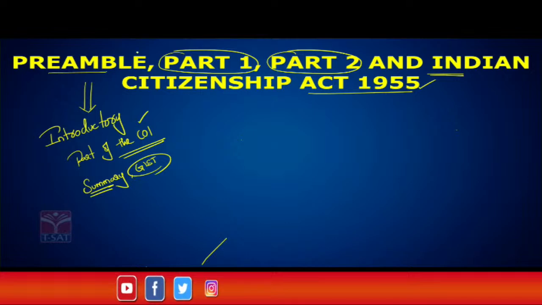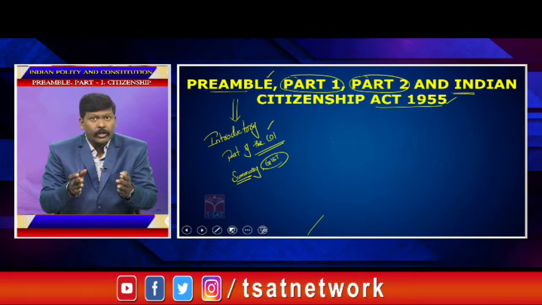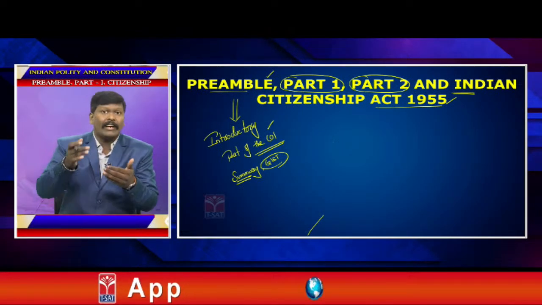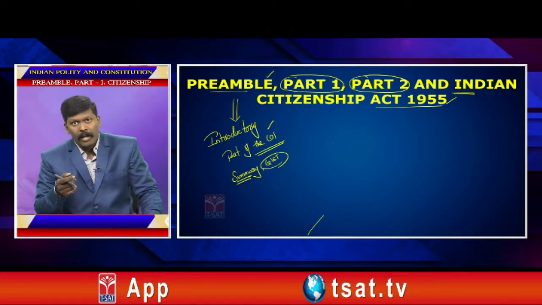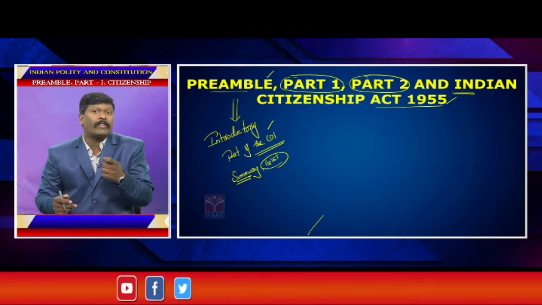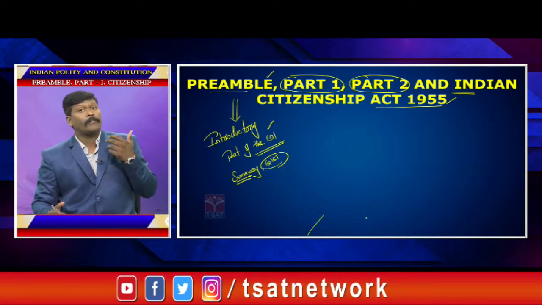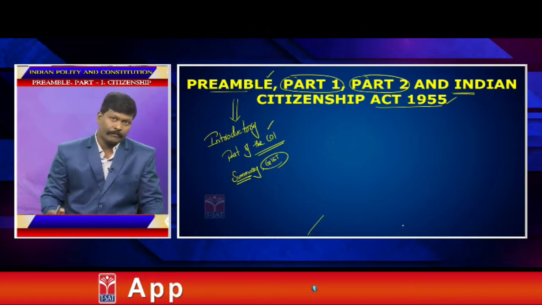Now, this is preamble. Preamble helps everyone understand the nature of the Indian Constitution. With the help of the preamble, we get to know the objective of the Indian Constitution. And also, with the help of the preamble, we understand the source of the Indian Constitution.